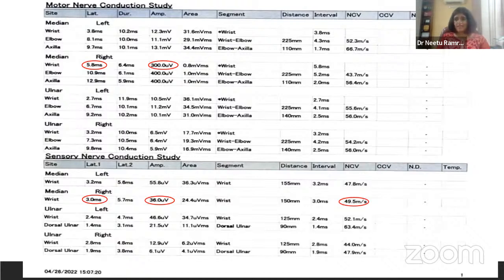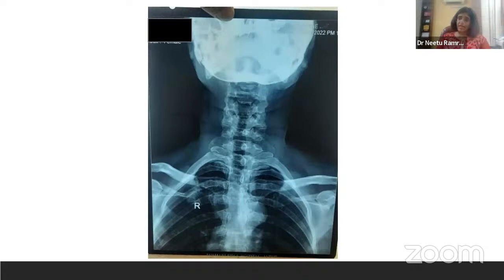Okay. So basically, why I made this point was that if something has been labeled as CTS, and you are seeing such disproportionate motor involvement in absence of a significant sensory involvement, we should always think twice. So this patient actually fits into the electrophysiological criteria of thoracic outlet syndrome.